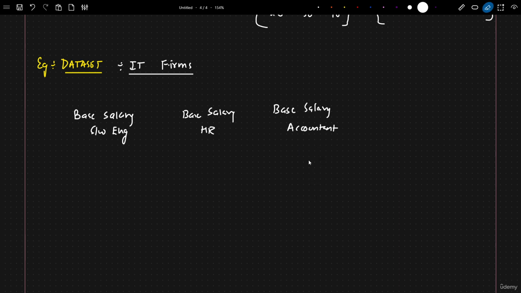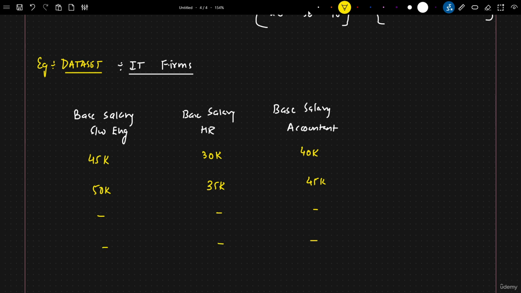Let's consider that if I'm just considering USD, let's say 45k USD is for company A with respect to software engineer, HR has 30k, base salary accountant basically has 40k. Right, this is for company A. For company B, 50k. Base salary of HR is nothing but 35k. Then this is nothing but 45k. So like this, I will be having multiple values, right?